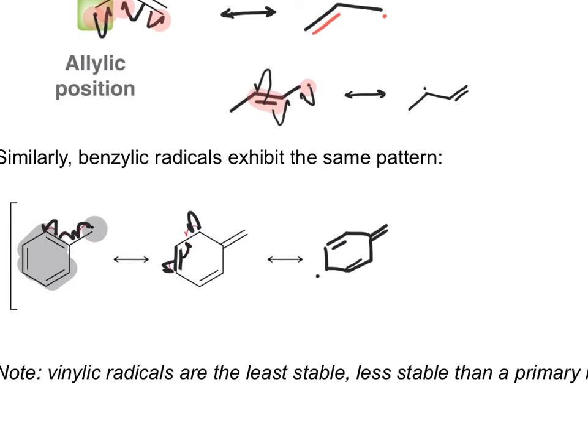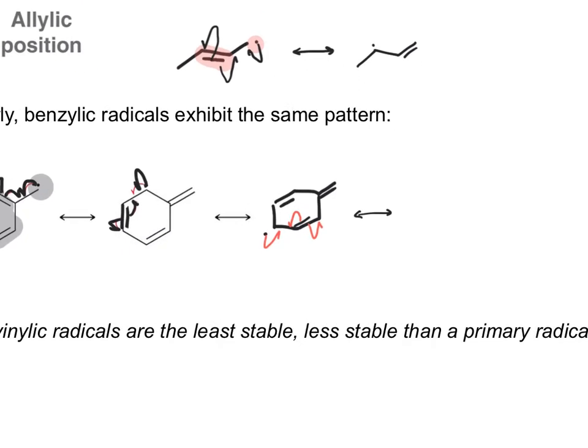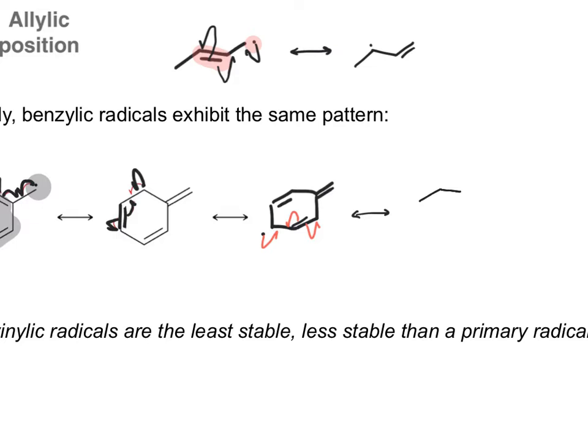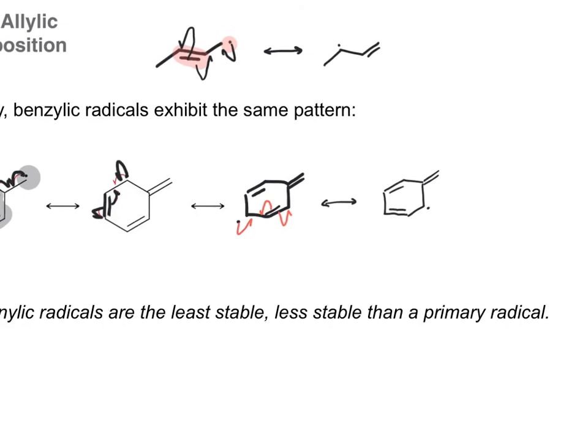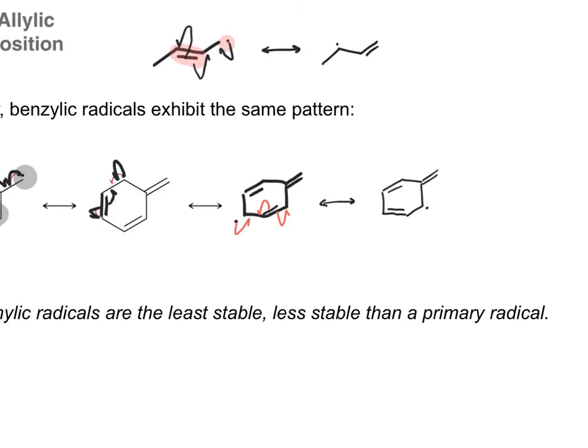Again, there's more resonance that we can draw for this. We can take this electron and make one half of that bond, take this one and make the other half, and the other stays with this carbon, so we would be left with something that looks like this: a double bond here, a double bond here, we've moved the double bond here, and our radical is here.